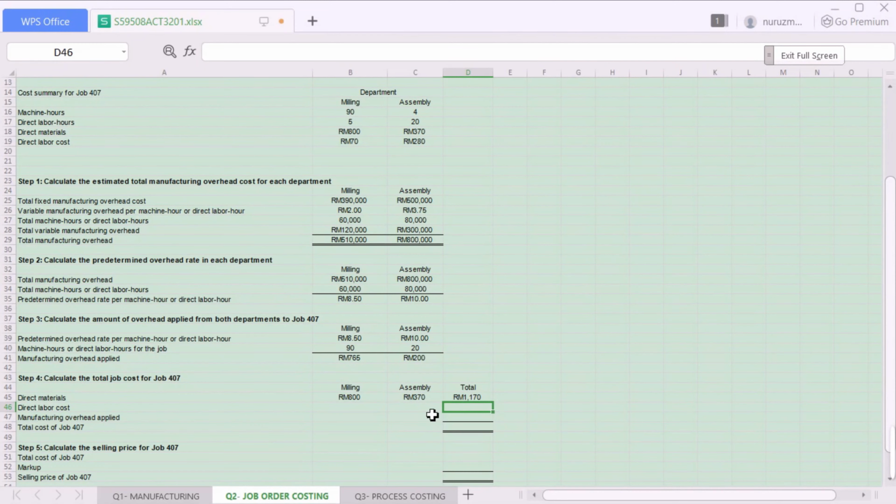Direct labor cost for milling is 70 and 280 for assembly, and the total is 70 plus 280 equals 350.